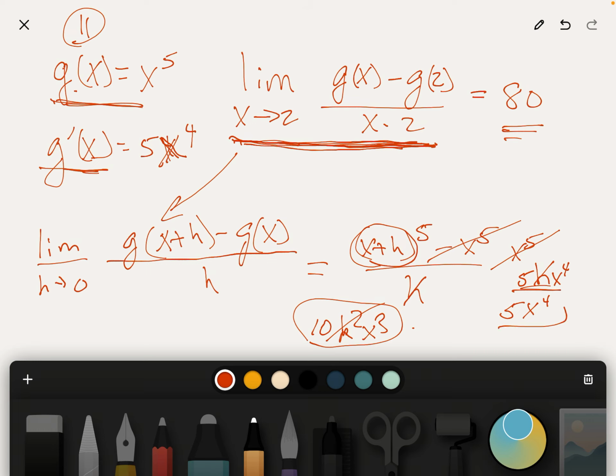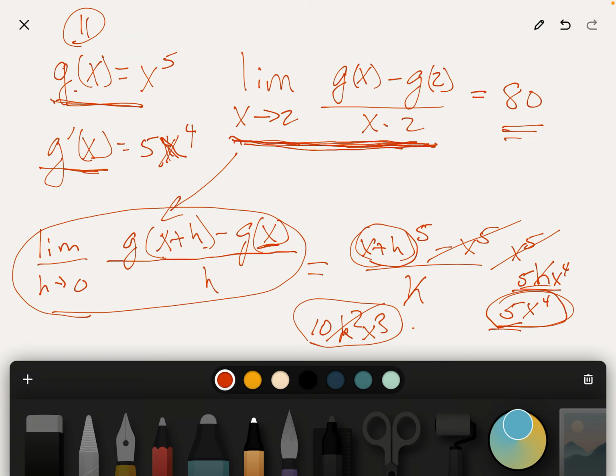So long story short, you can find the derivative of g of x using this method, but you have to go back and plug in x's and h's to find the general formula.